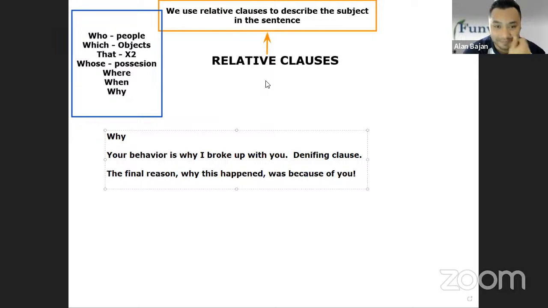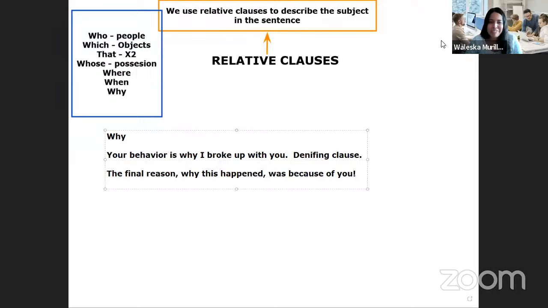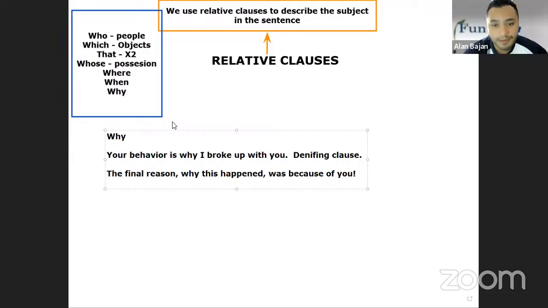Valeska, question for me? Yes, it's not clear for me. Why in this sentence is not por qué? What does it mean? Es porque... What happened here is that, as I explained before, we will use where, when, and why, but not in a question context.